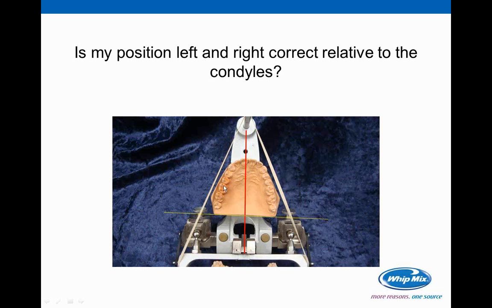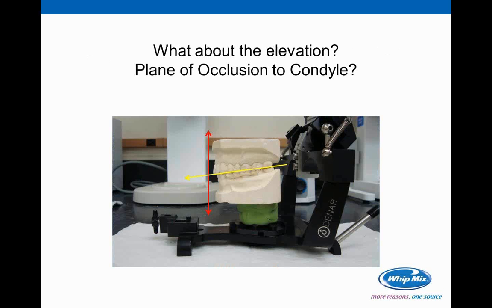Our cusp tips are not going to function the way that they do when it goes back to the patient. And so this is a negative on our part, even though we mounted it on a large articulator. We didn't get the information necessary to mount this properly, nor did we, in our arbitrary mounting, produce something that is going to functionally work correctly.